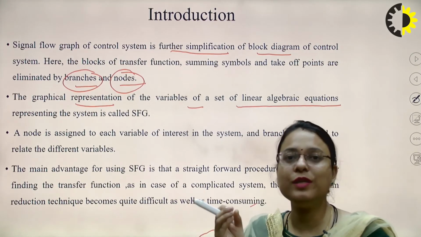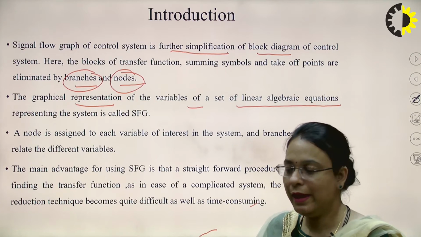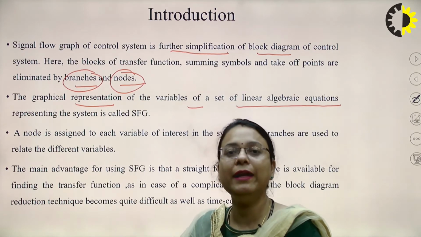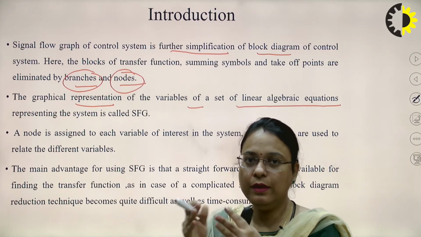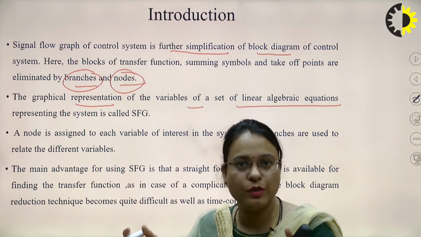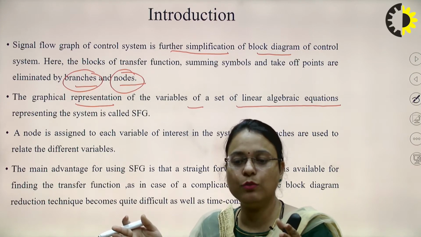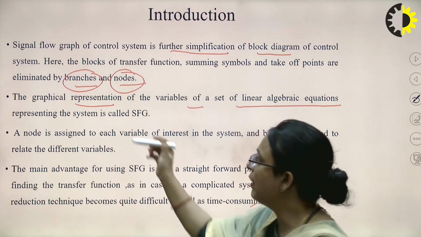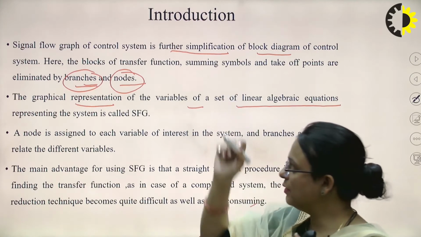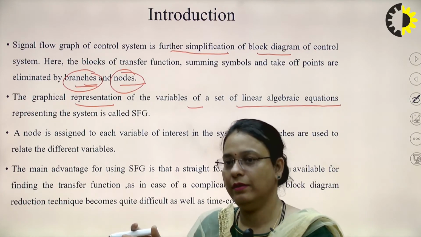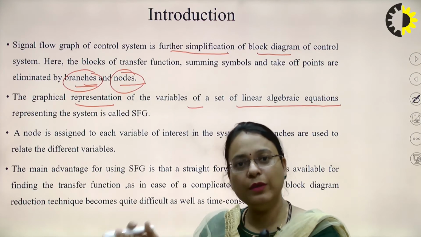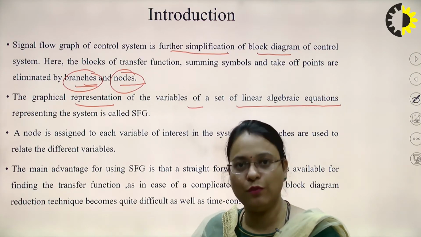Nodes are represented by small circles, and all the dependent and independent variables are represented by these nodes. The line connecting these nodes is called a branch. This branch is associated with an arrow, with a signal carrying the information.